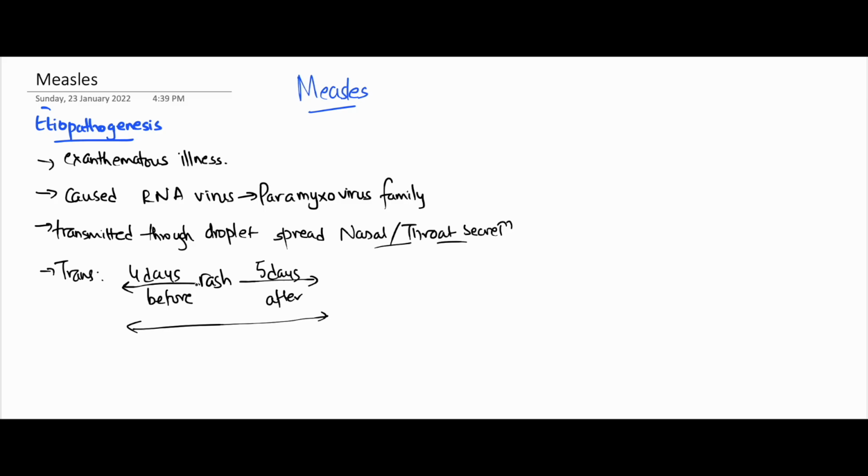From 4 days before the rash to 5 days after the rash, it is highly contagious, and the secondary attack rate is more than 90%. So what is the portal of entry?